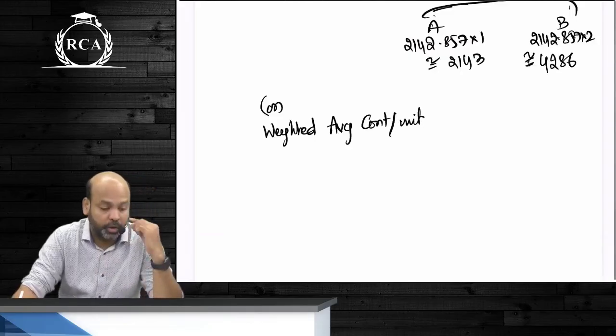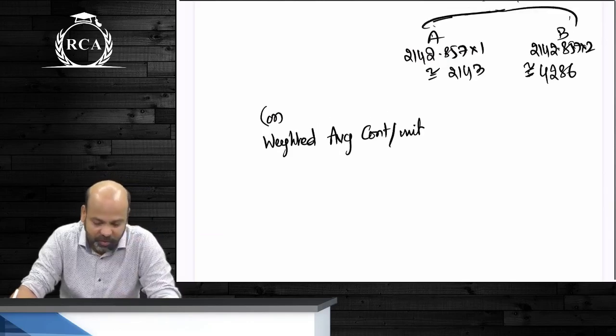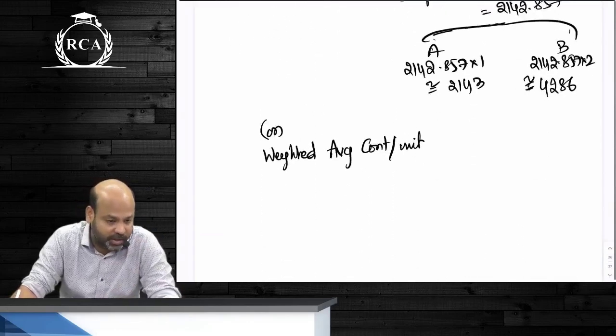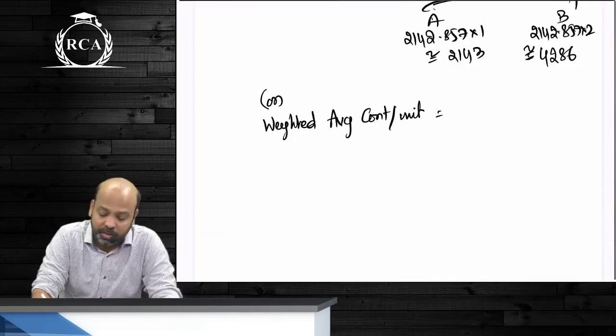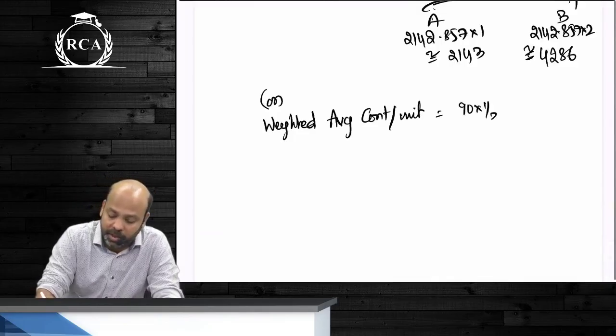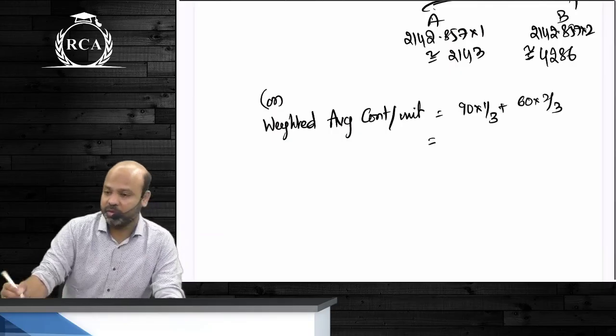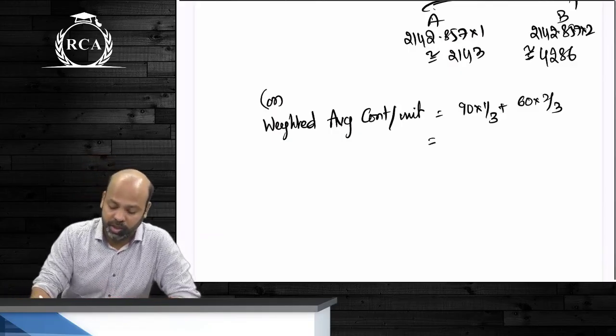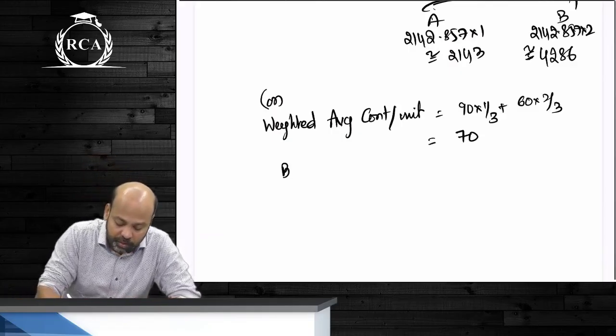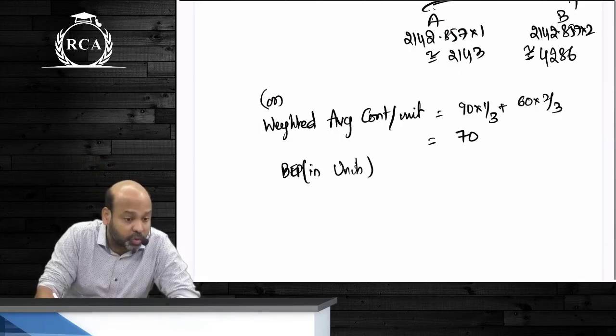Rather than computing contribution per batch, you can compute contribution per unit, and my weighted average contribution per unit would be 90 into 1/3 plus 60 into 2/3. Isn't the ratio 1:2? So it will become 90 into 1/3, 60 into 2/3. Your weighted average contribution is 70. Now when you compute break even point, it will not be in batches, it will be in units.